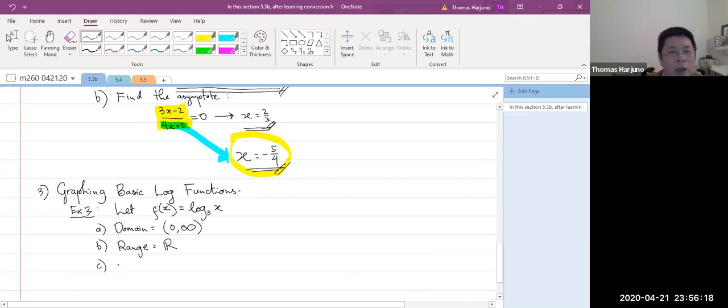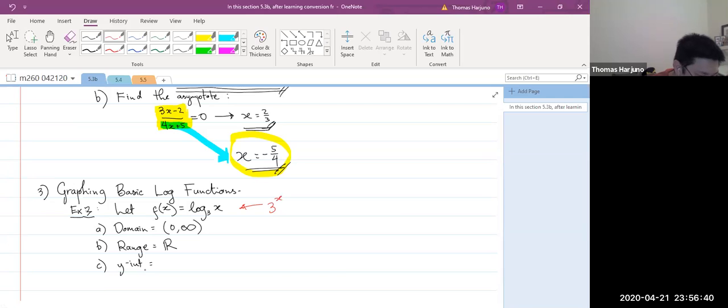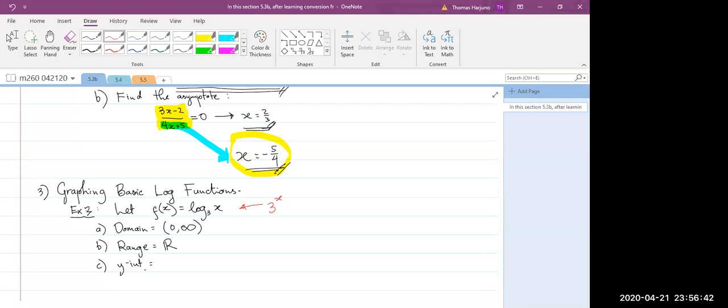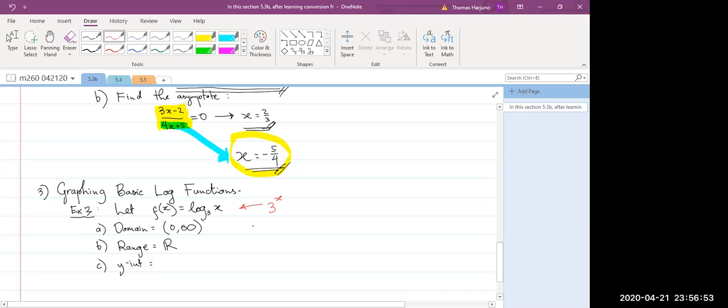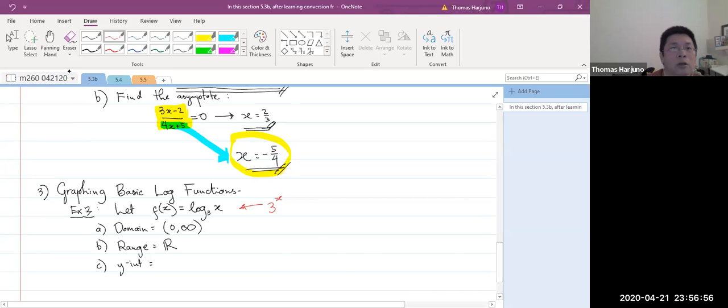And the y-intercept: notice that this is the inverse of 3 to the x. So to answer the y-intercept for log base 3 of x, we need to answer the x-intercept of 3 to the x. What is the x-intercept of 3 to the x? It doesn't have one. So the y-intercept in the log also doesn't have one.